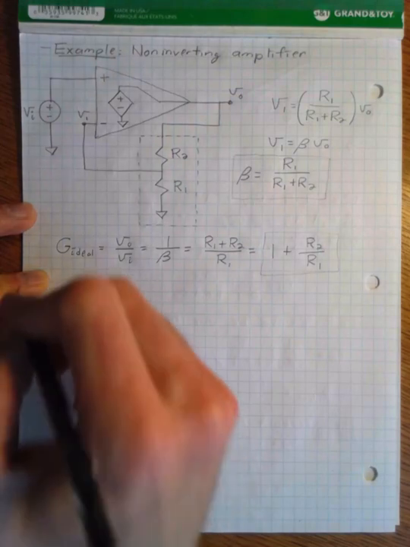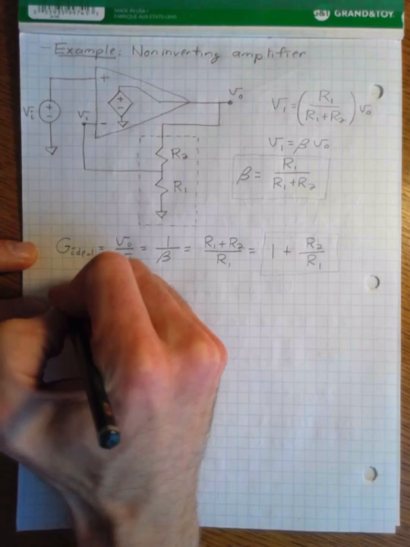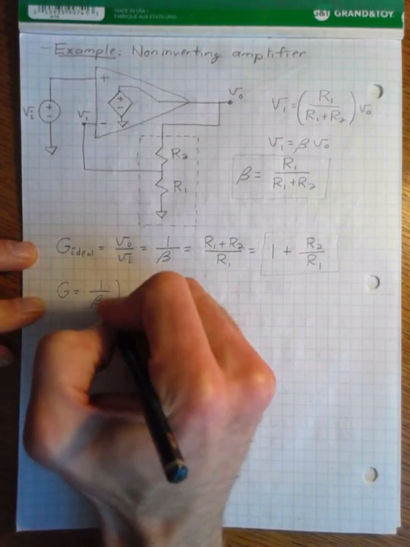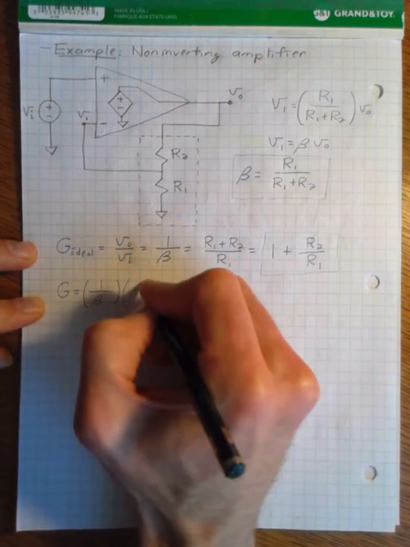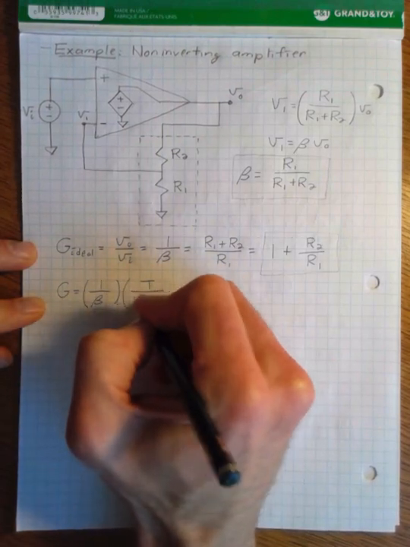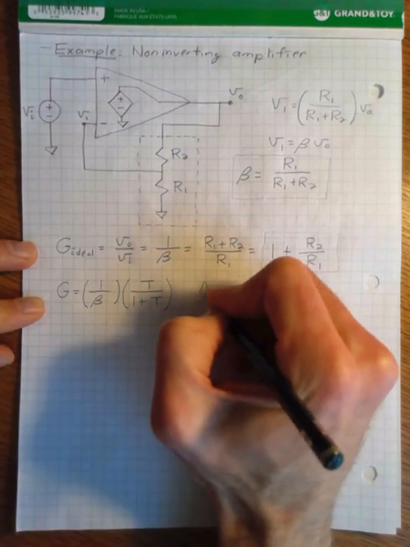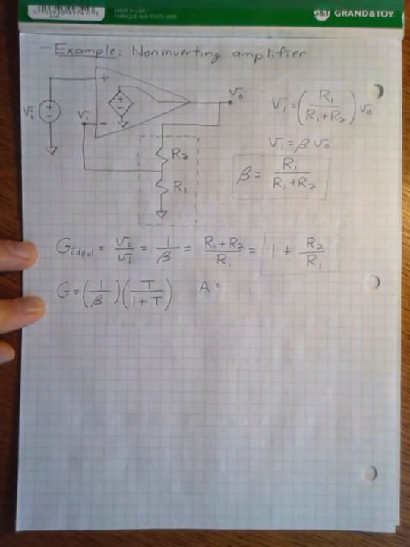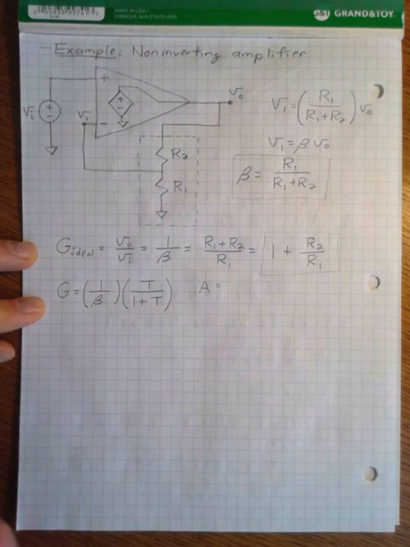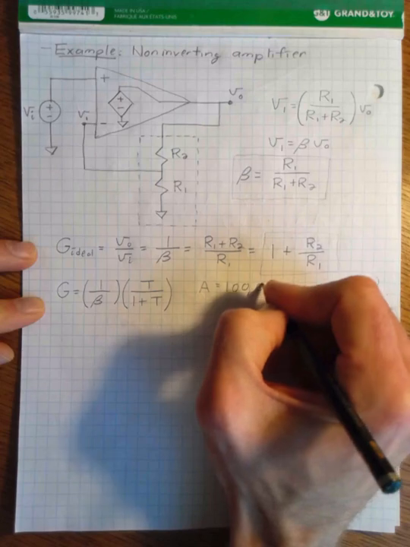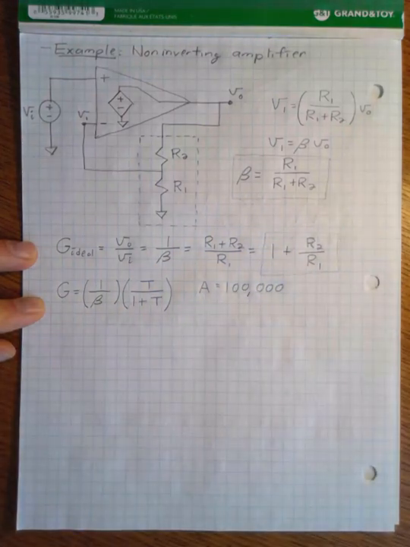What about the non-ideal voltage gain? We know that the actual voltage gain is equal to 1 over beta times our loop gain divided by 1 plus our loop gain. And so what is this loop gain? Well, let's assume that A is equal to 100,000, which would not be a very good op amp.